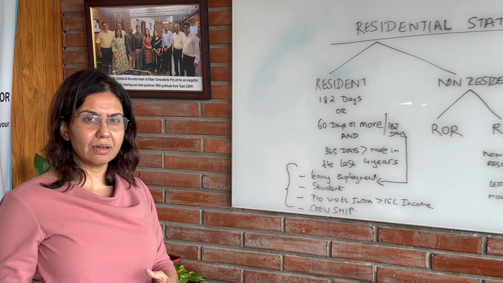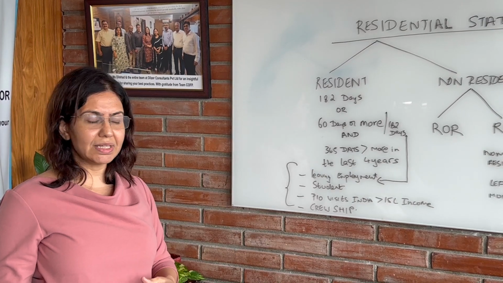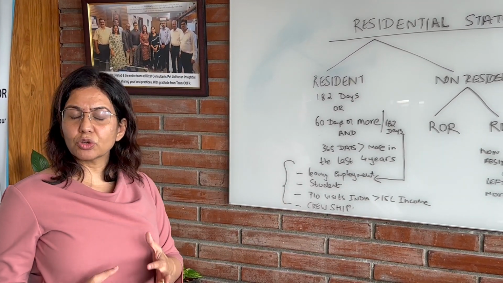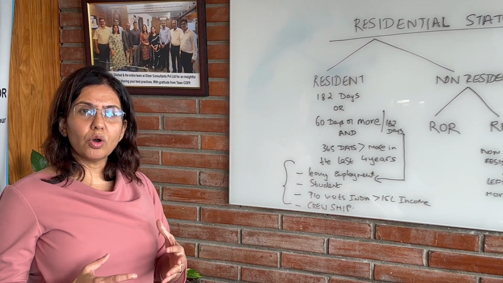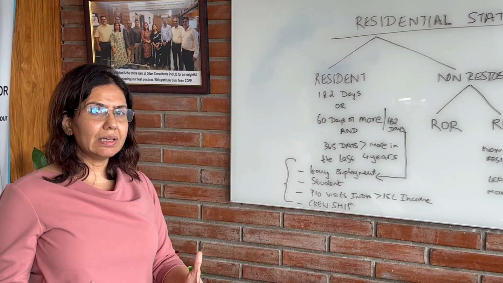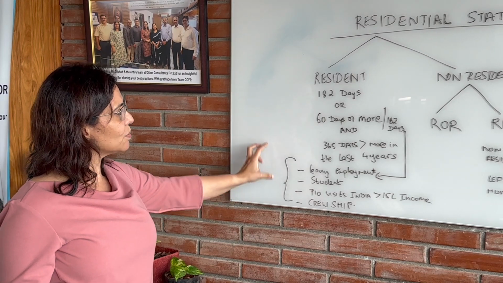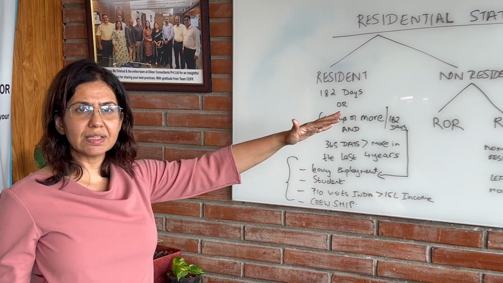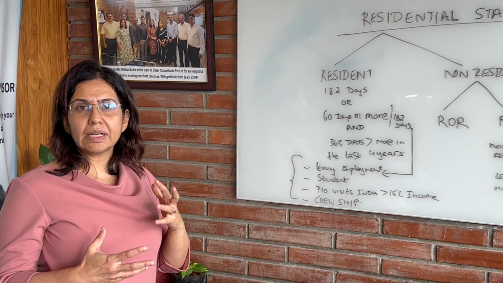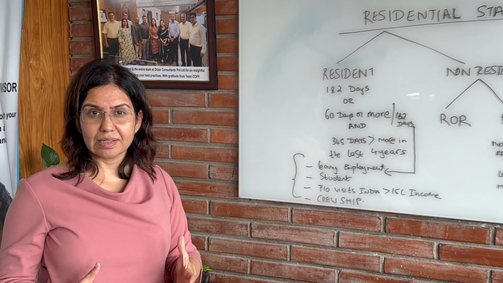This was amended in the budget of 2020. And four, a crew member of a ship who is leaving India. So for these four categories, the replacement of 60 days with 182 days is considered in assessing their residential status.